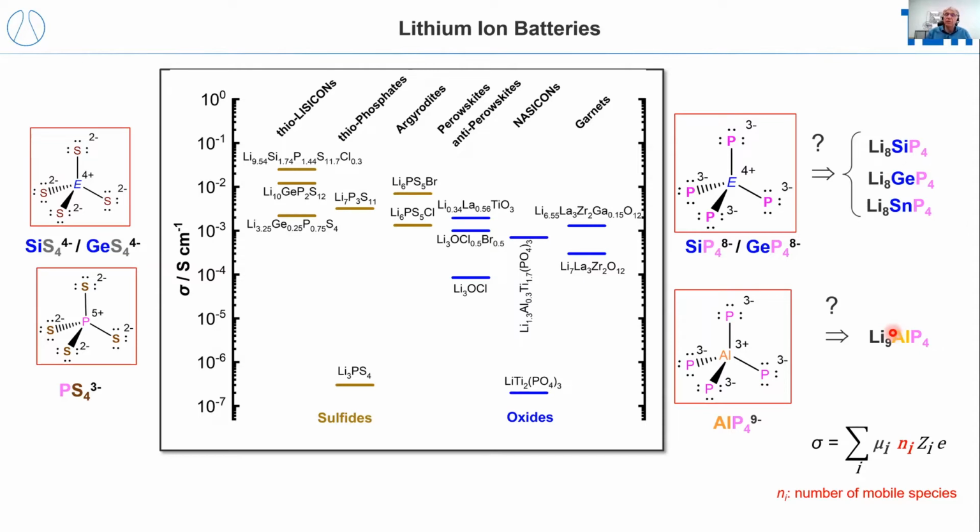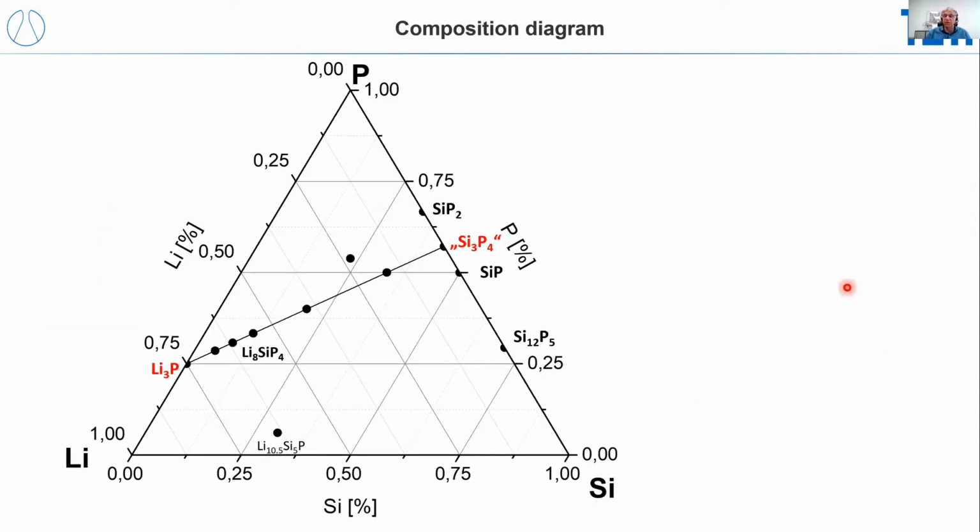And to show you a few principles in solid state chemistry, how we do this, this is the so-called composition diagram. We have here on the lower side the increasing amount of silicon. Here we have the increasing amount of phosphorus. And we see that along this line, we have the binary compounds like SiP2.